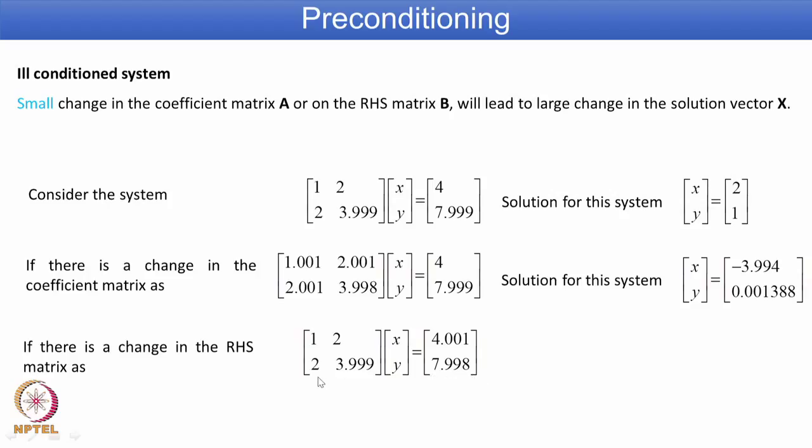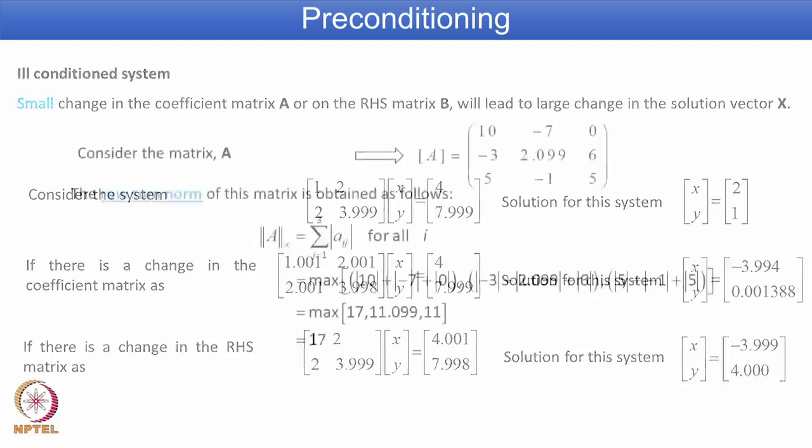The coefficient matrix is the same. Now, for this system, the solution appears to be as shown here: x equal to minus 3.999 and y equal to 4.0. Once again, you can observe by comparing the solution matrix for this system with the original system, there is a very big difference, and this kind of system is what is called an ill conditioned system.